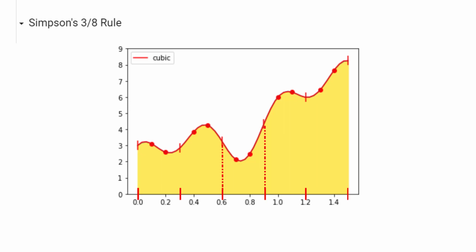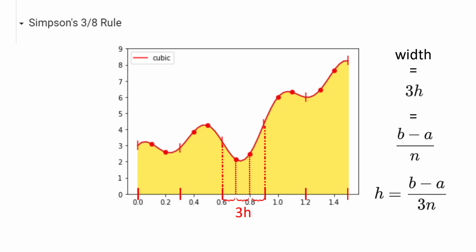So now with two intermediate points, each subinterval contains three smaller intervals, where each of the smaller intervals has a width of h, which makes the length of our entire subinterval 3h. So this means that the width of the subinterval 3h must be equal to b minus a divided by n, which means that h is b minus a divided by 3n.